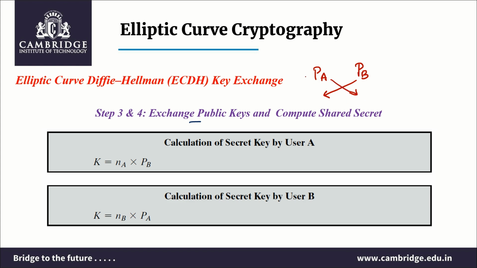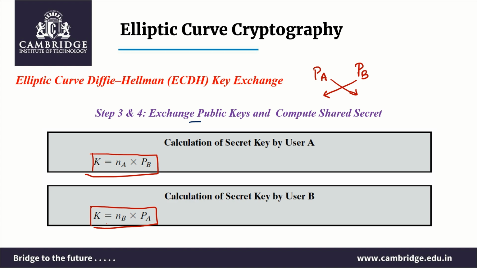Now using this, a shared secret will be calculated. Key K will be calculated by multiplying NA into PB and NB into PA. This is the same as in the previous case of Diffie-Hellman. So the shared secret or secret key is calculated.